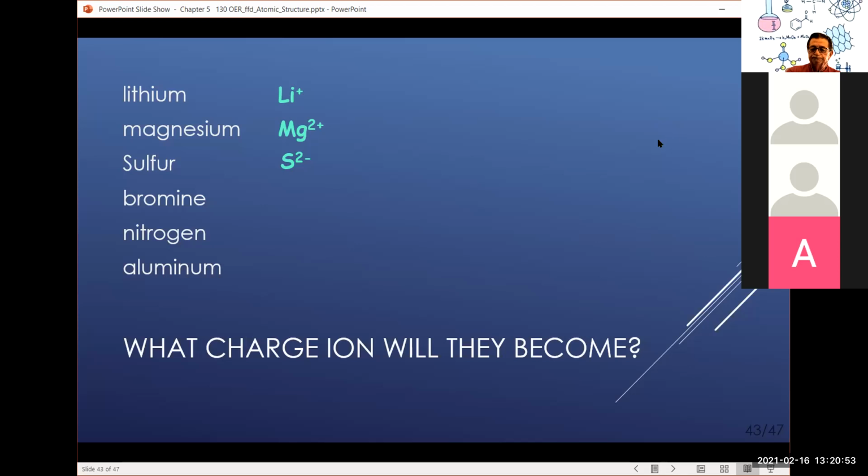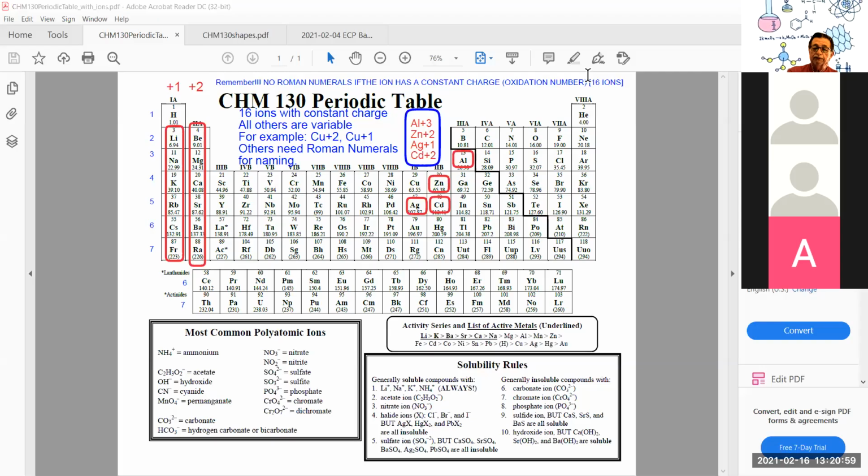All right, bromine is the next one. We pull up the periodic table and find it right here, number 35, highlighted in yellow. It is to the right of the stair step, which tells me it's a nonmetal, which tells me it will gain electrons, and the magnitude of that charge is determined by the group that it's in.